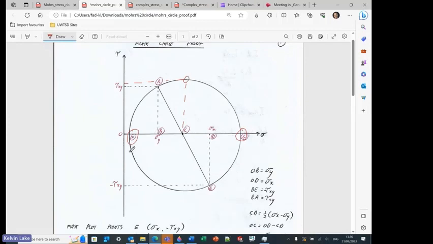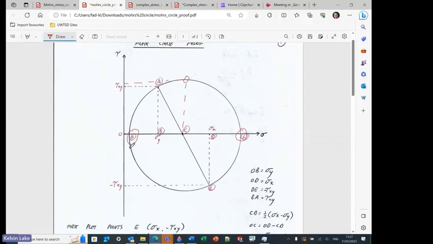Okay, if we want to calculate the position of those things, we can see G and F are 180 degrees apart. In reality, on my element, they would be 90 degrees apart, which is again something that we've discussed in a previous class, that my maximum principal stress and my minimum principal stress are always 90 degrees apart.